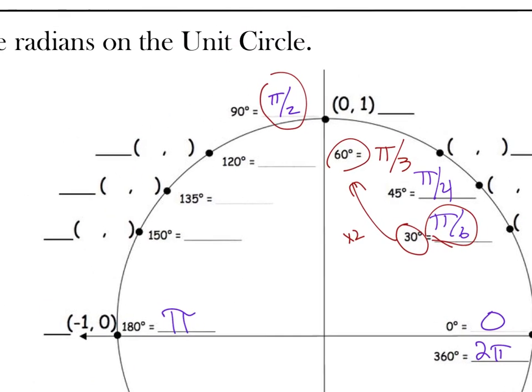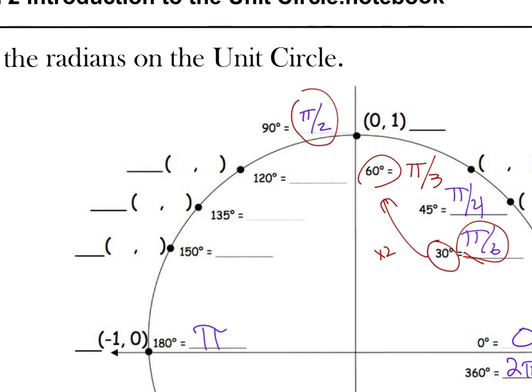What I mean is this: if I take 120 times pi over 180, that simplifies to 2 pi over 3.